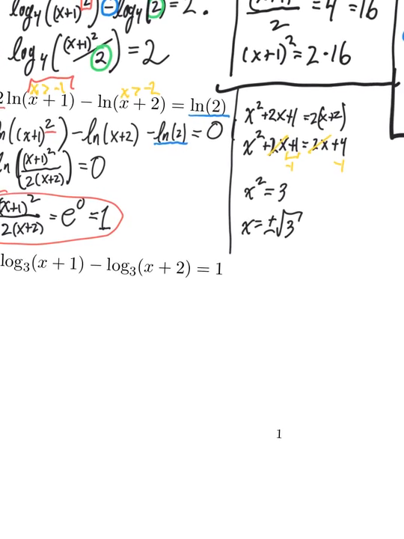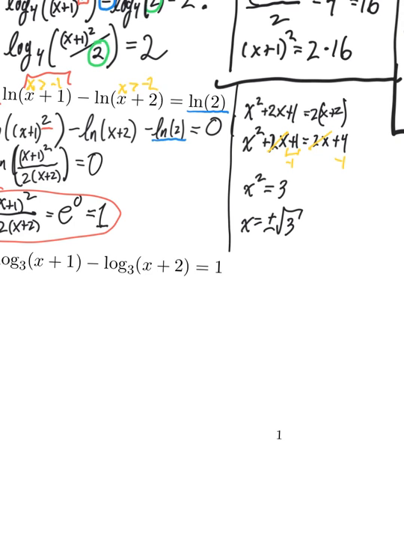Is this number bigger than negative 1? Well, let's see. The positive branch definitely is. So x equal to positive root 3 is a solution. But negative root 3, not so much. Negative the square root of 3 is negative 1 point something.